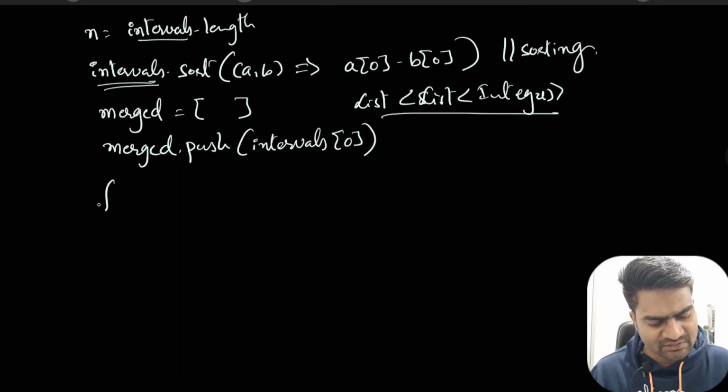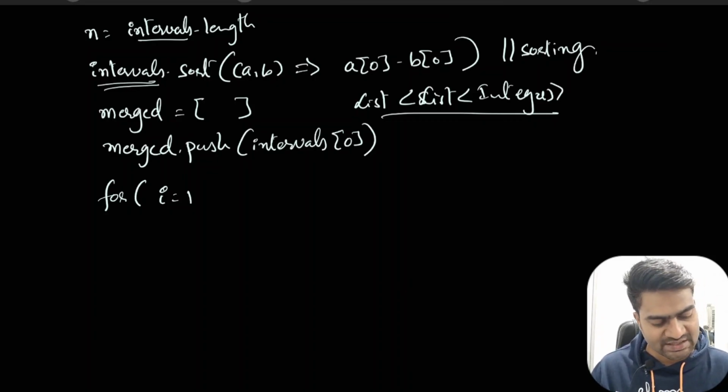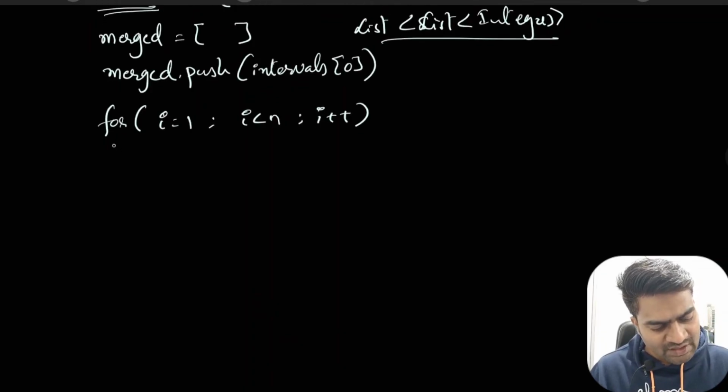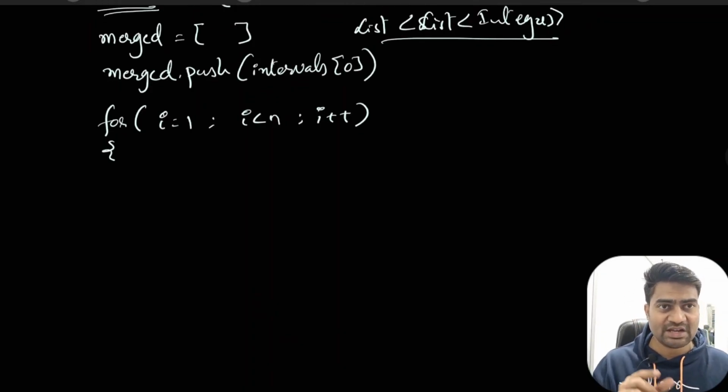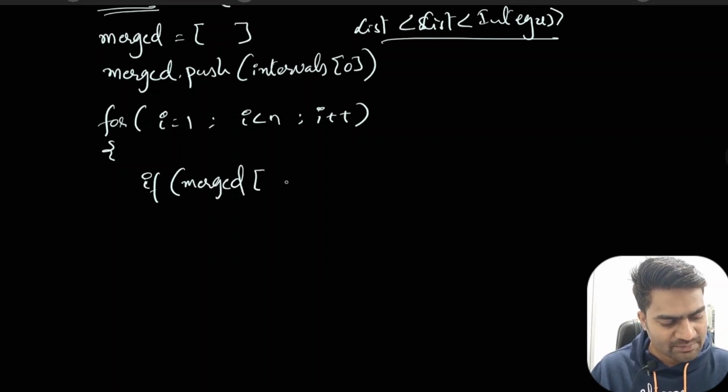Next I will use the for loop. I will start from the first index because already I have used the first value from the intervals. I have pushed it to my answer, basically the merged array. So i equal to 1, i less than n, i plus plus. Okay, then what I will do, I will check the top element from the merged array. So basically how I will do, if merged of merged dot length minus 1.